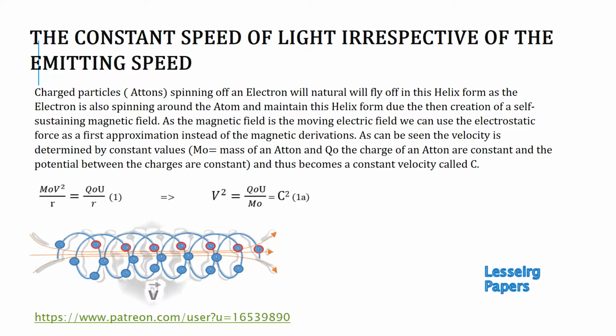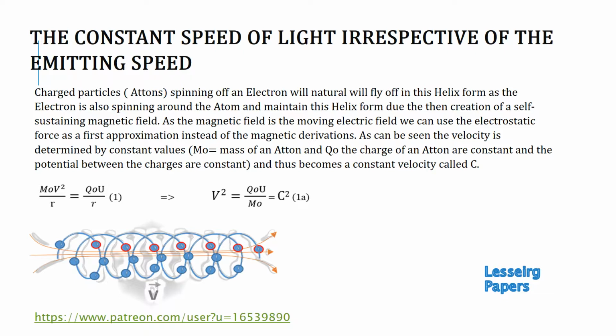This magnetic field basically creates the force that balances the centrifugal force of these charges. Again, these charged particles have a charge, Q0, and a mass, M0. And as they now create their self-sustaining magnetic field, this packet flies off at a consistent speed.